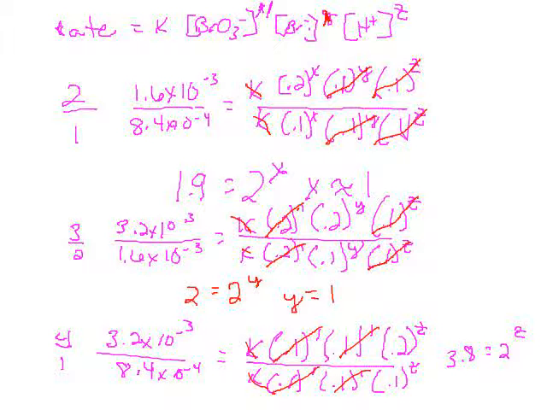And so 2 raised to a power equaling 4, that means that our Z has to be 2. So the Z over here is a 2.